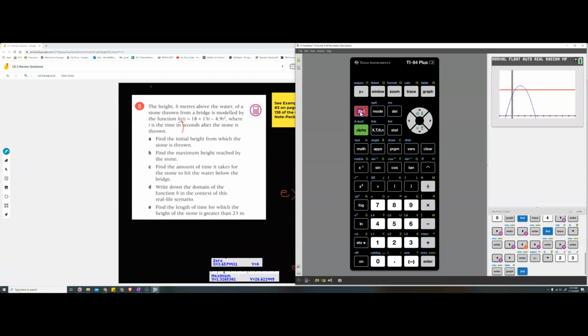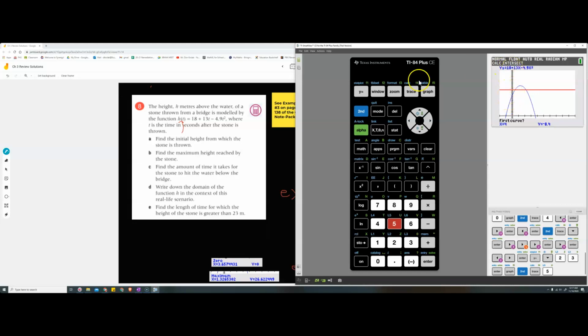So on my calculator, I've graphed my line, y equals 23. Now I'm going to go second calc, and I'm going to go to intersect. So that's number 5. Okay, and it asks me questions. It says put the cursor on the first curve that you want to find the intersection of. Well, there's only 2 curves on here. One's a straight line and the other one's a parabola.